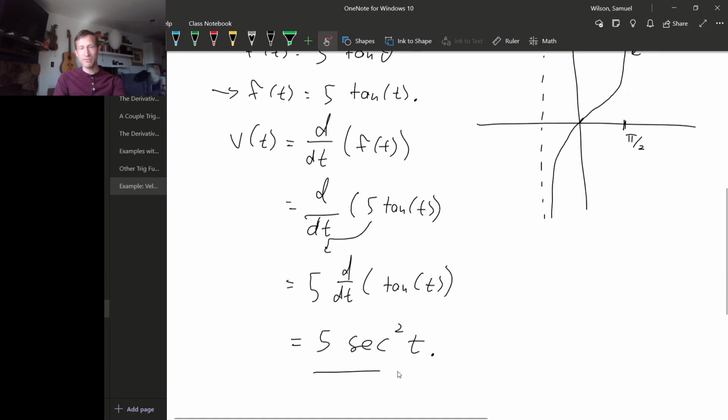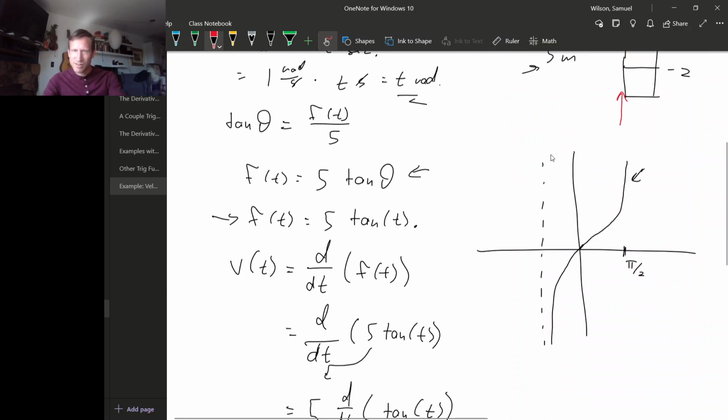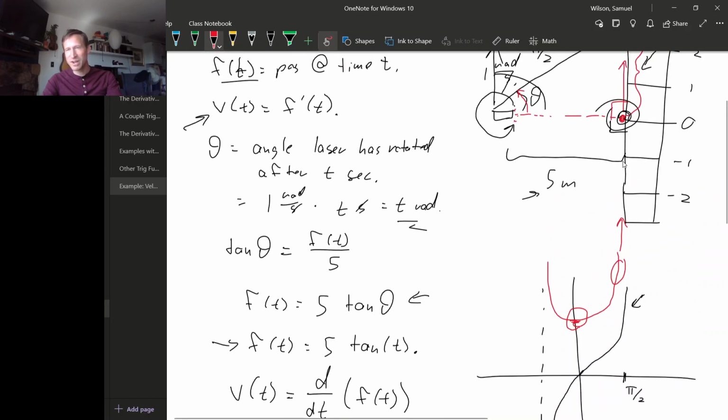So what about the velocity function, 5 times secant squared t? Well, on this interval, secant squared looks like this, roughly speaking. So when the laser pointer is pointing directly at the wall, the velocity should be smaller. It looks like it's going to be 5, actually. And when the laser is almost parallel to the wall, the point should be moving very quickly.